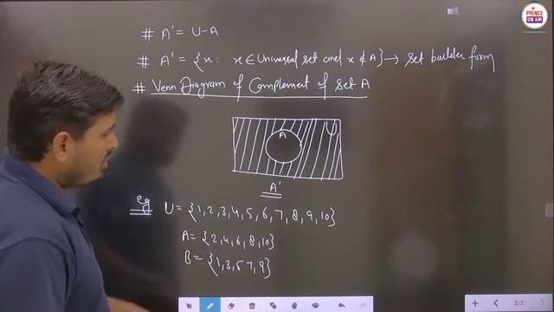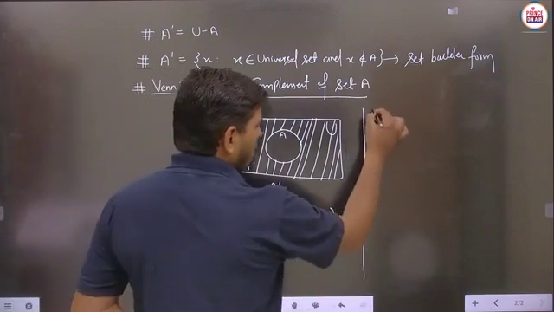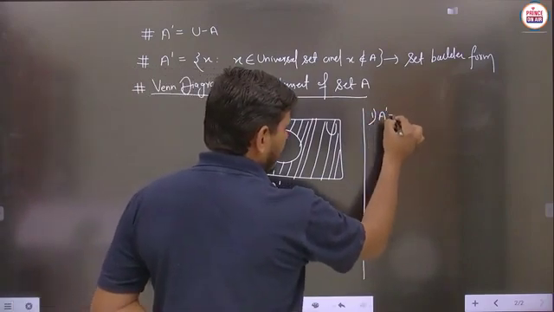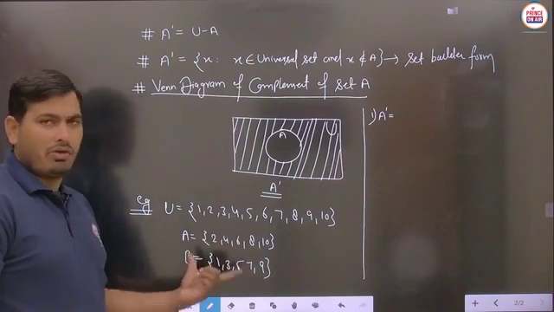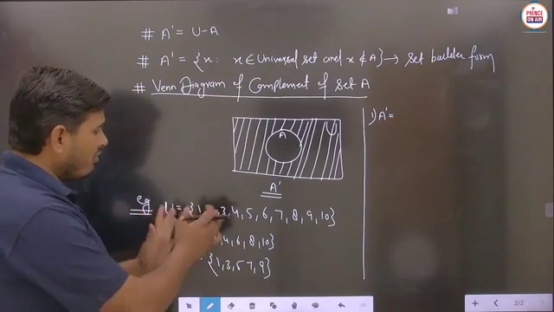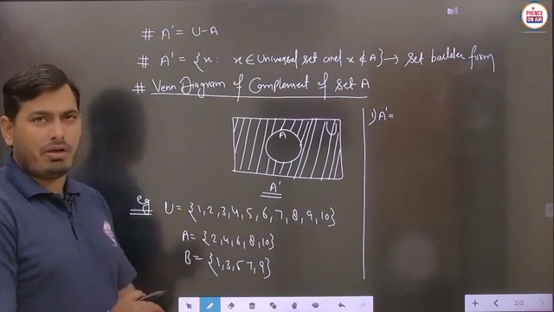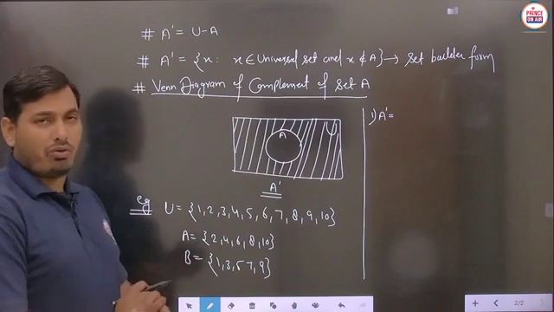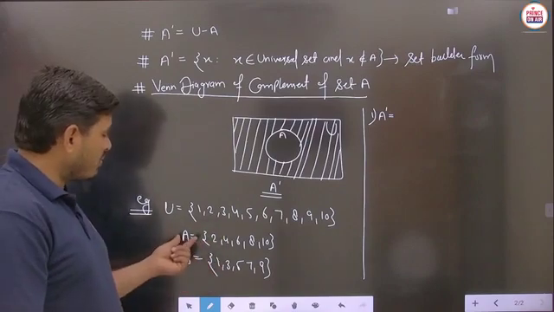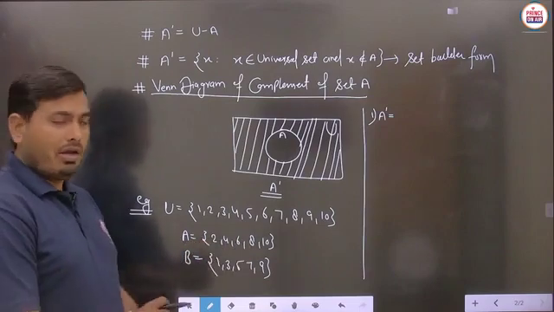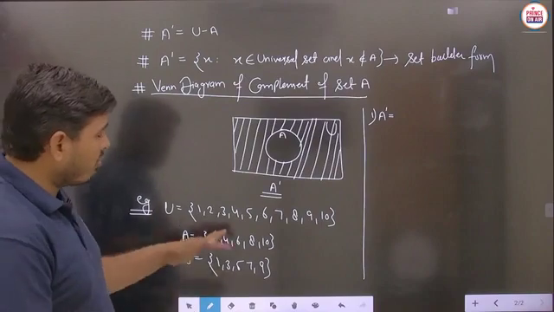Now in this question, we have to calculate various things. First of all, suppose someone asks about A dash, what should be the answer? According to the given situation, the universal set has the natural numbers 1 to 10, and the two subsets A and B are given. In subset A we have 2, 4, 6, 8, 10, and in subset B we have 1, 3, 5, 7, 9.